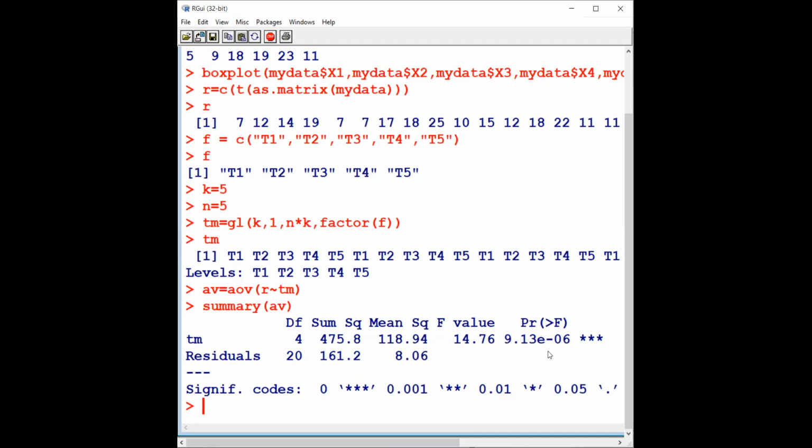To do that, we have to install several packages to obtain that main effects plot. So we have to use package car.